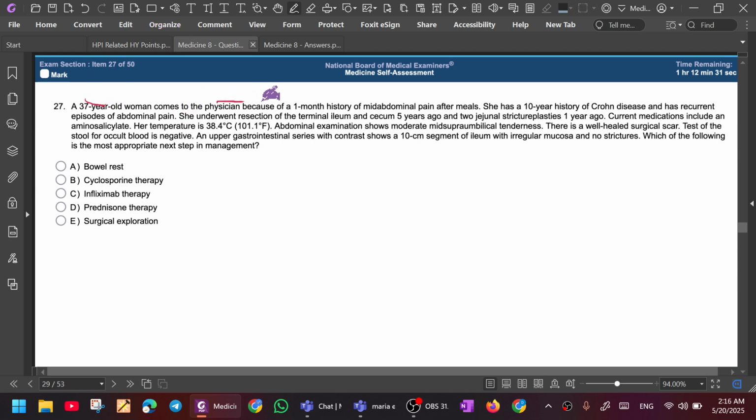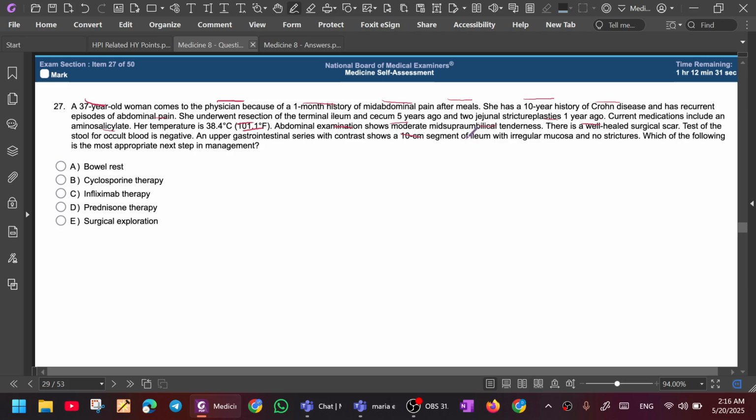A 37-year-old woman comes to the physician because of a 1-month history of mid-abdominal pain after meals. She has a 10-year history of Crohn's disease with recurrent episodes of abdominal pain. She underwent resection of the terminal ileum and cecum 5 years ago, and two jejunal stricturoplasties 1 year ago. Current medication includes aminosalicylate. Her temperature is 101.